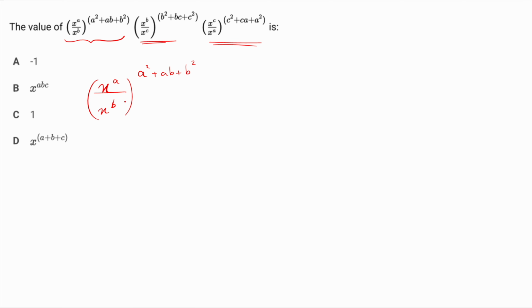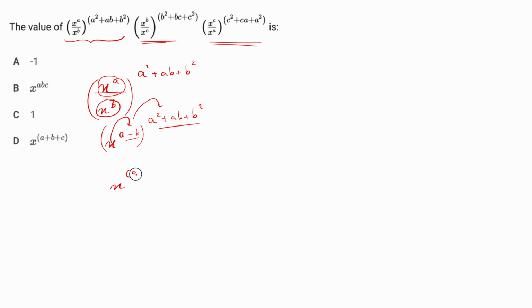Guys, notice that x raised to a divided by x raised to b is basically our second law of indices. Whenever we are dividing two numbers with the same base, the powers can be subtracted. So x raised to a upon x raised to b is x raised to a minus b. This entire thing is raised to a squared plus ab plus b squared. This is our third law of indices, a raised to m, and the whole thing is raised to n, so a raised to m into n.